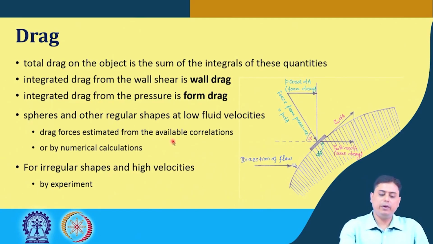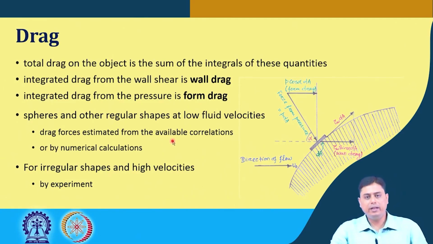So typically when there is a well defined shape like sphere, cuboids, cylindrical shapes and such, we can estimate from the available correlations or the charts that are given, or by numerical calculations. But for the irregular shapes, it is typically done by experiments, but numerical calculations can also be applied.